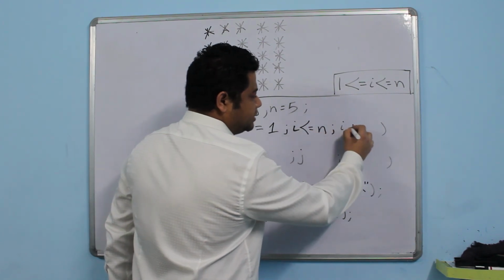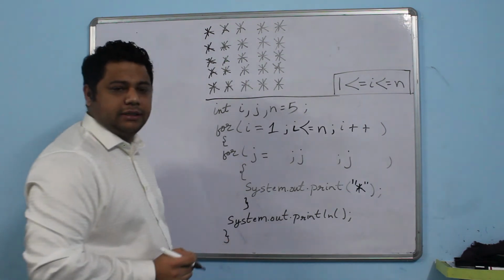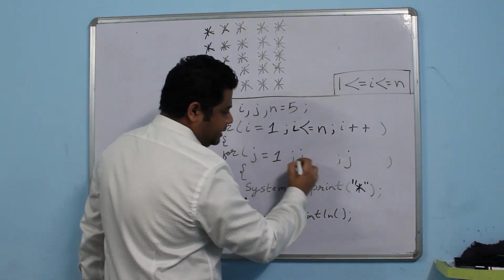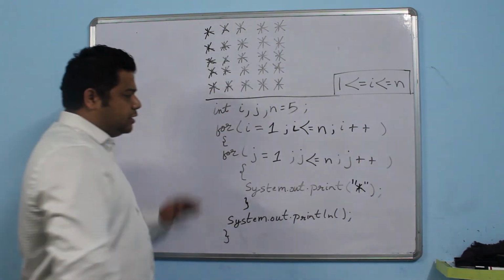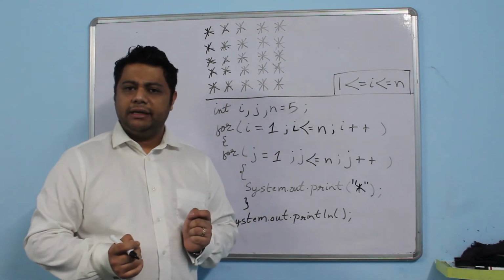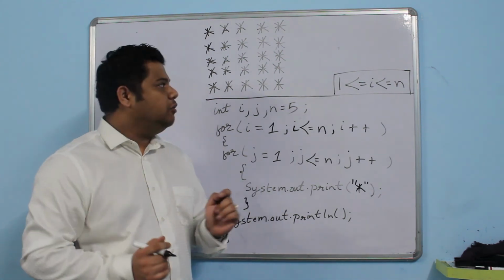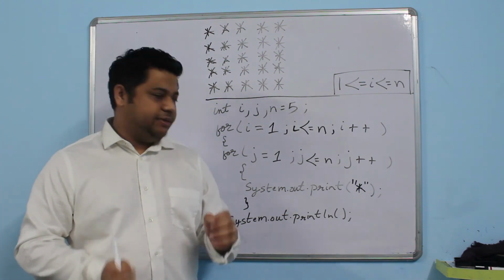We already know this. 1 is less than equals to n and value is I plus plus. And j also we can take it as from 1 to n, and we can increment. So over here, the loop can be either 1 to n, or if you want to do n to 1, both will be correct. So this is how we do the pattern program, box pattern program, where the display will be something others.